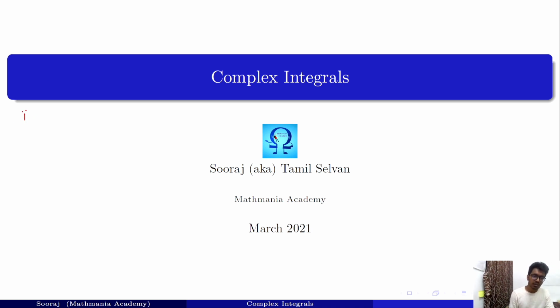So first we started with the concept of integrals of the complex valued function when it is parameterized, right? This is what we initially began with. Then we extended it to the concept of contour integrals. So contour integrals means what?